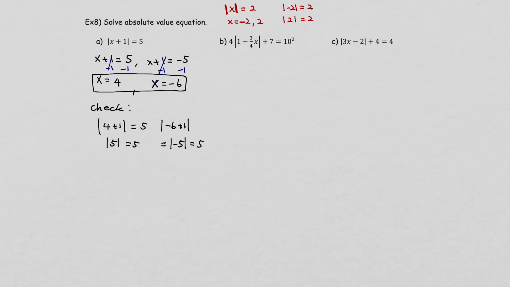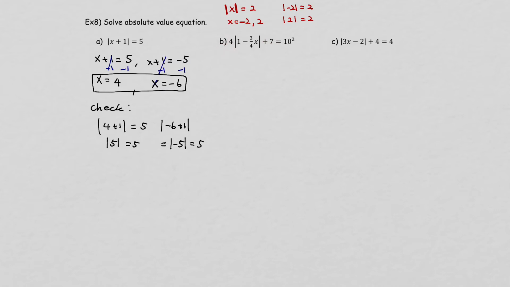What about if we have a problem like B? Remember, the only time you can take out the absolute sign and put plus minus on the other side is when it's isolated. So you need to get rid of positive 7 and the multiplication of 4 first.